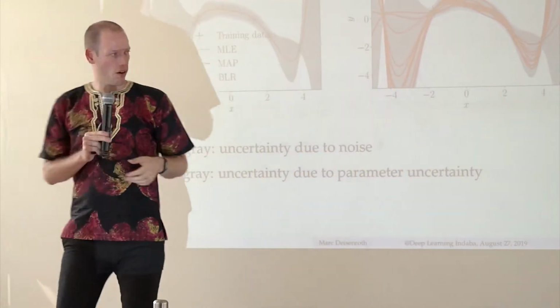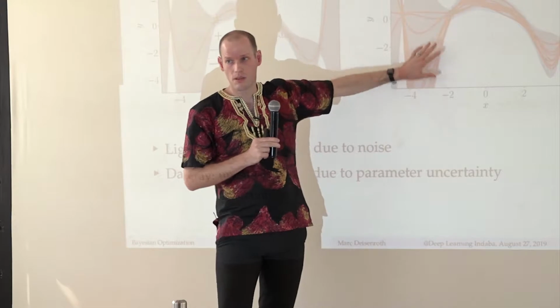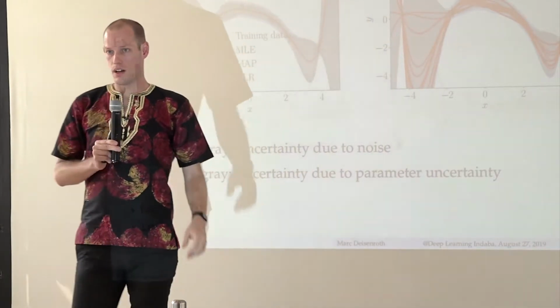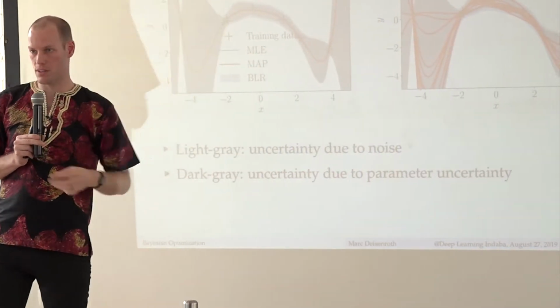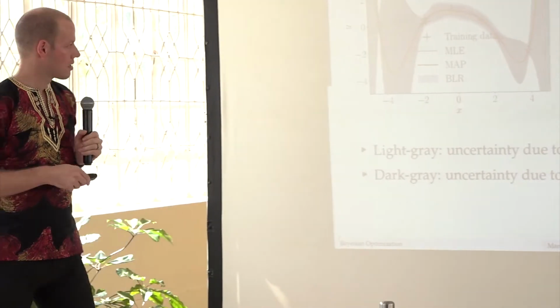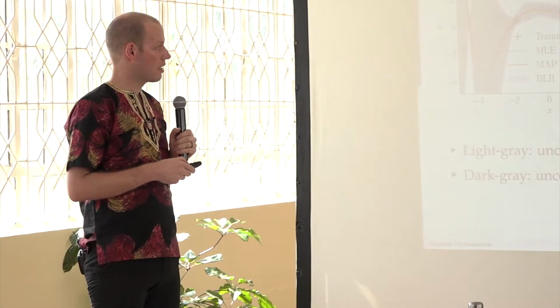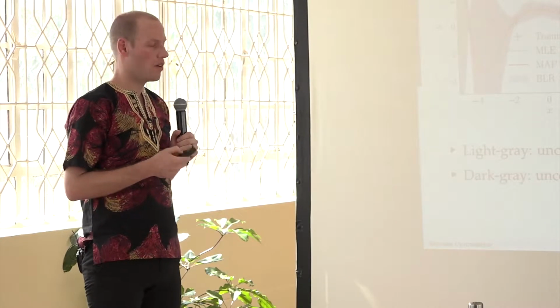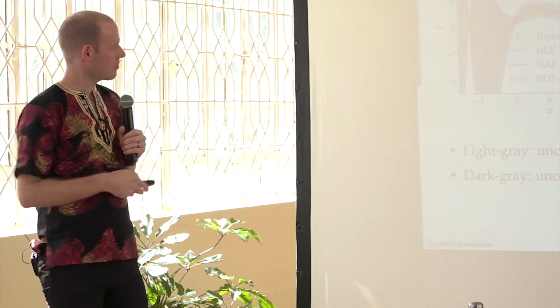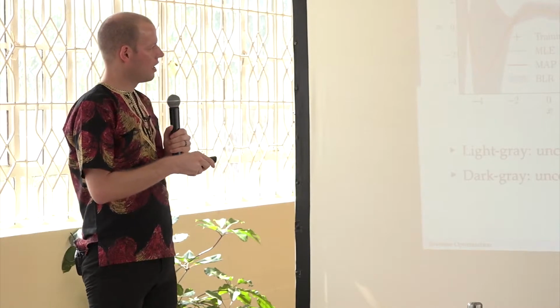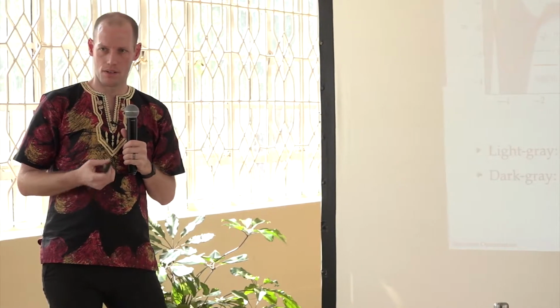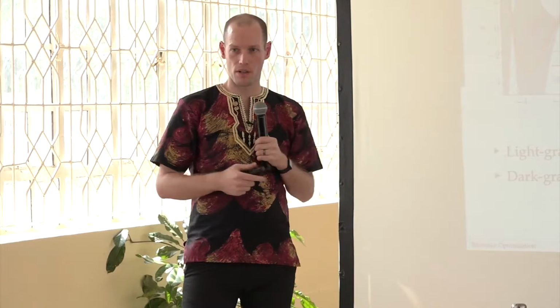You can see that all of these functions are plausible under that distribution, and you can see a lot of variability. So the Bayesian linear regression effectively says that, in this area over here, I'm relatively confident I know what's going on, but here, we are very uncertain. Now, if you want to build a product and you need to make a decision based on these kinds of predictions, it may be useful to take this uncertainty into account.